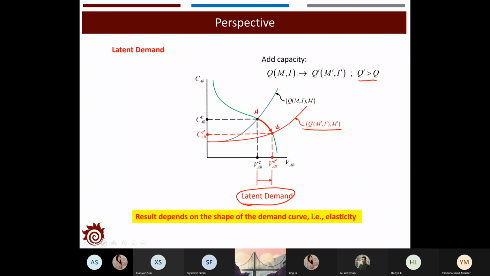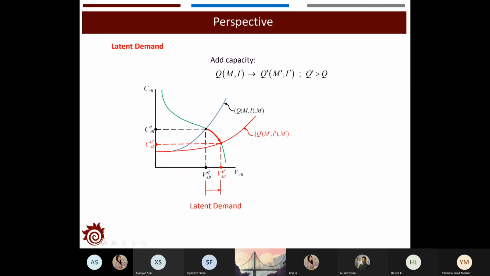And also the amount of the latent demand is determined by the shape of the demand functions. For different types of demand, the different shape of demand functions, the latent demand amount will be very different. I'm going to give you some examples about how the shape of the demand function will affect latent demand.